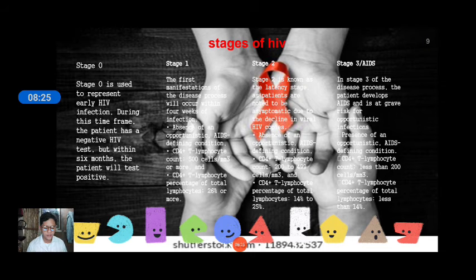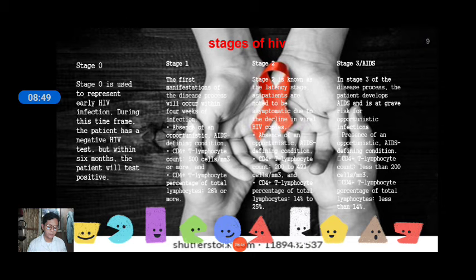Next is stage 2, or known as the latency stage. So, patients are noted to be asymptomatic due to the decline in HIV copies. This decline results from the body's immune system attacking and minimizing the virus, although not eliminating it completely.